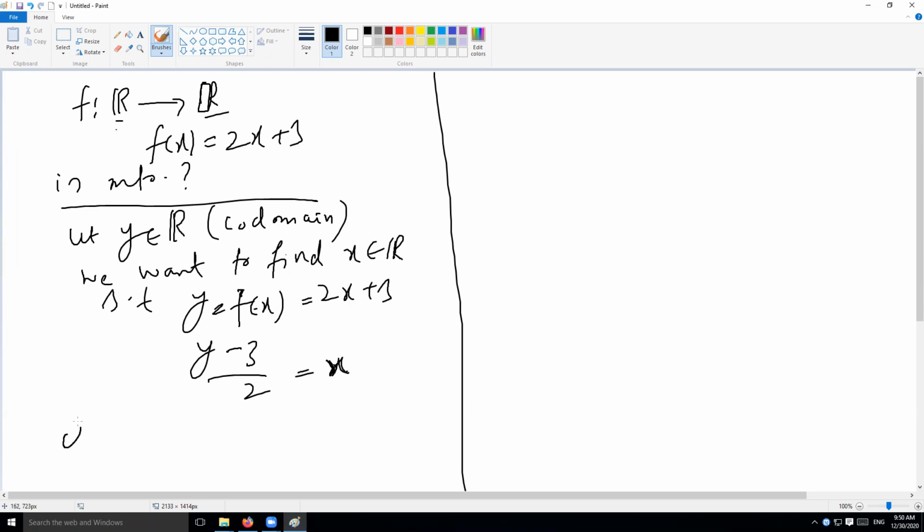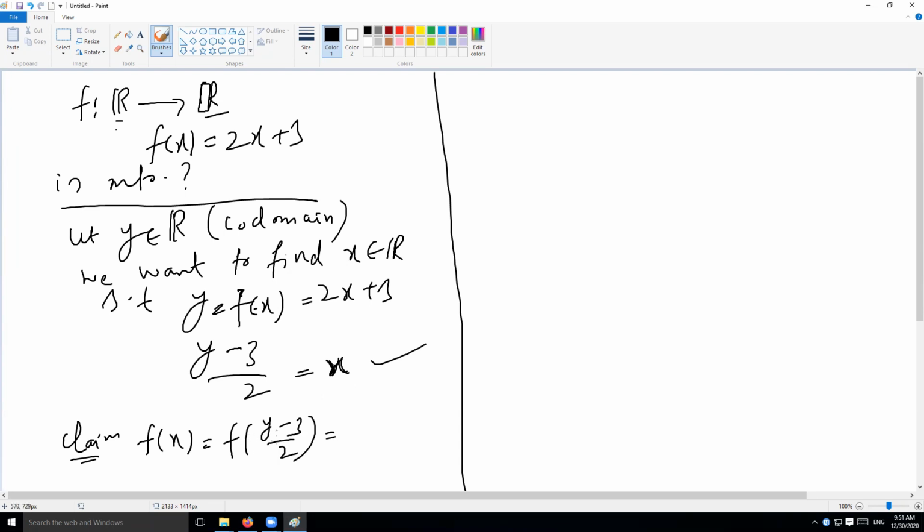My claim is that this is the x on which, if you apply your function f, you are going to get y. So let's apply it. f of x is equal to f of (y minus 3) upon 2.